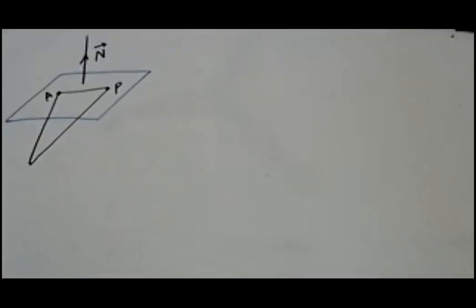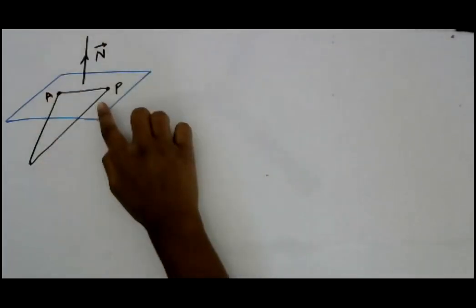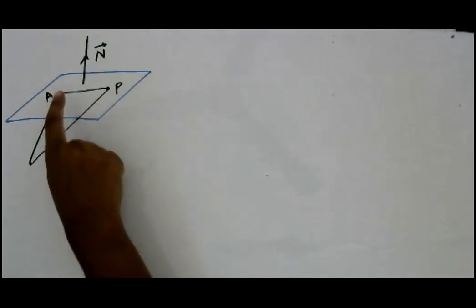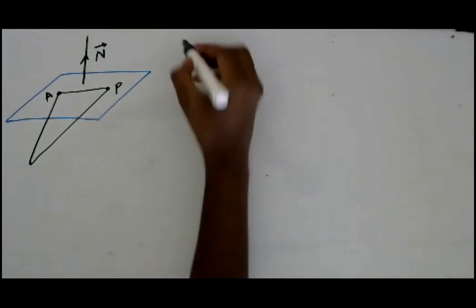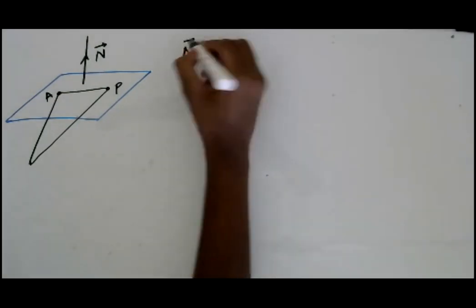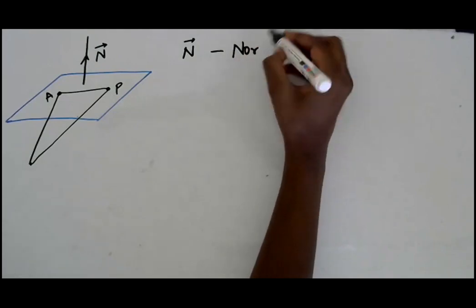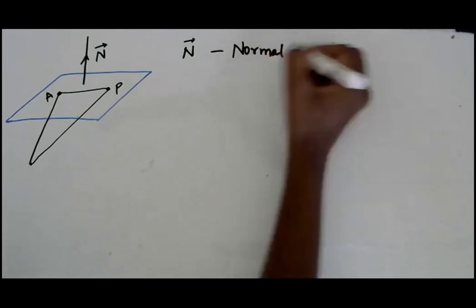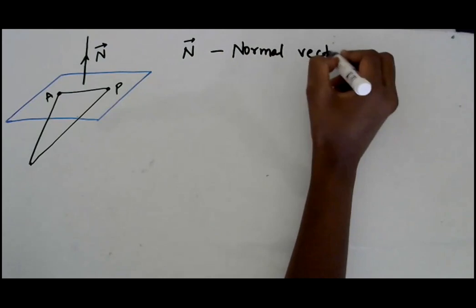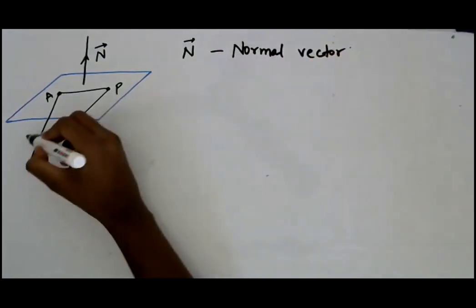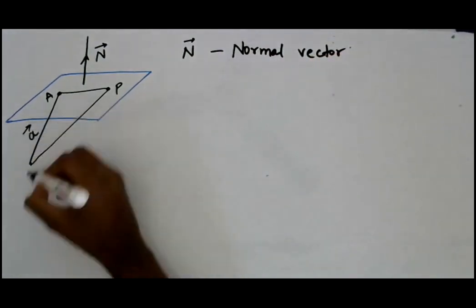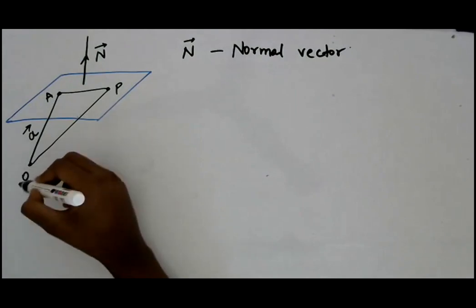Now let's try to derive an equation where we are given a vector which is normal to the plane which we are considering, and a point through which this plane is passing. So our n vector is the normal vector to the plane. And let's call a vector, so this point is the origin.